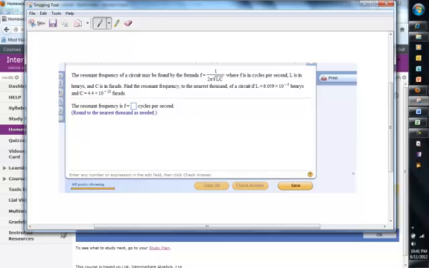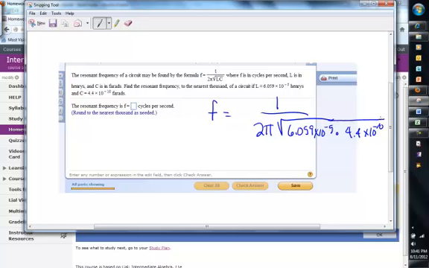Find the resonant frequency to the nearest hundredth if L is 6.059 times 10 to the negative 5th and C is 4.4 times 10 to the negative 10th. Okay, so on our calculator, we just write it exactly the way it is.